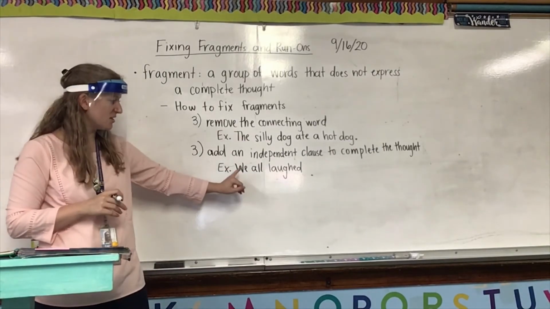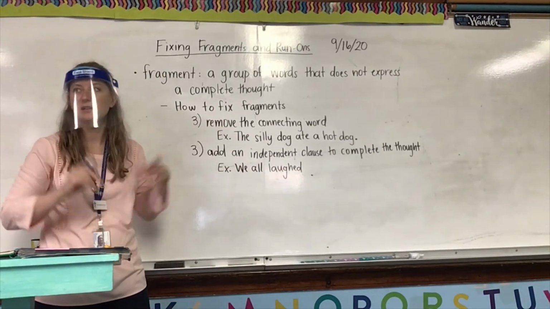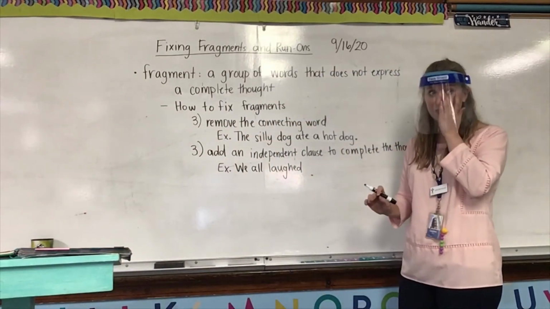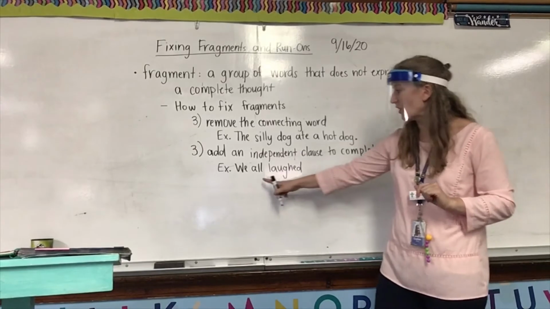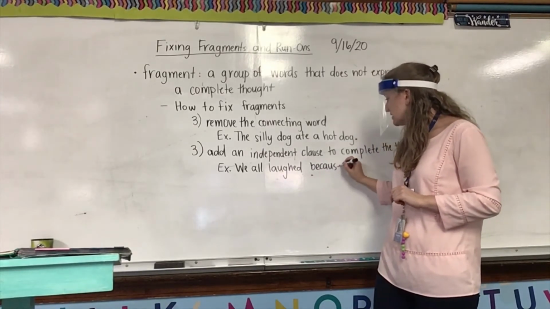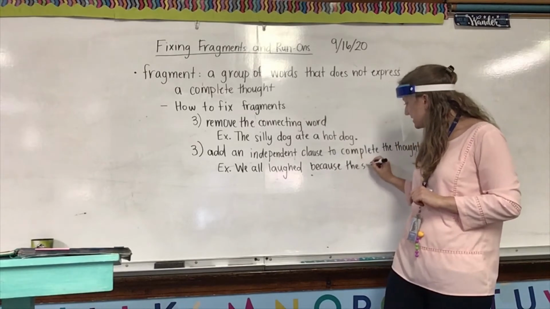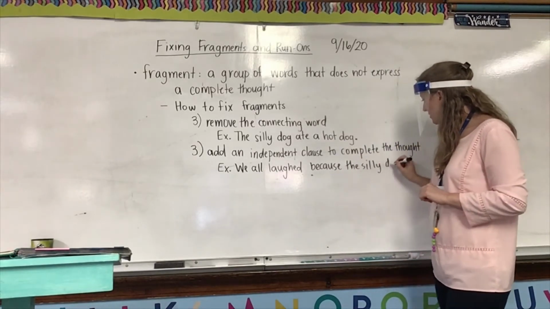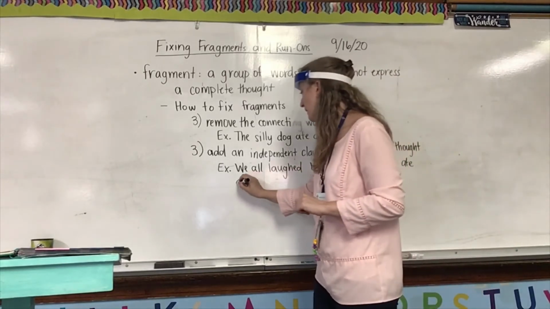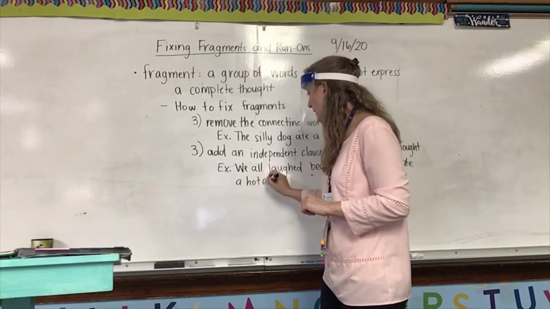It has a subject, we all. It has a predicate, laughed. But we're using this to fix the dependent clause by itself. So we're going to say we all laughed because the silly dog ate a hot dog.